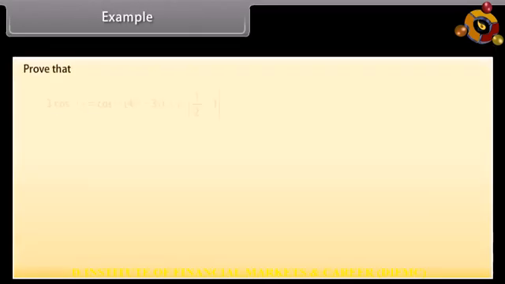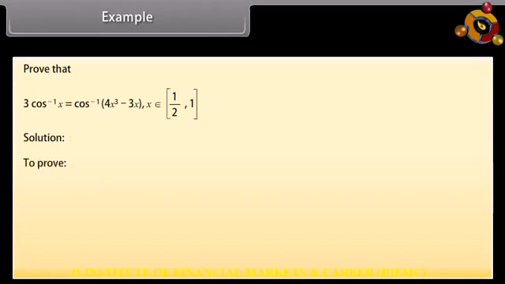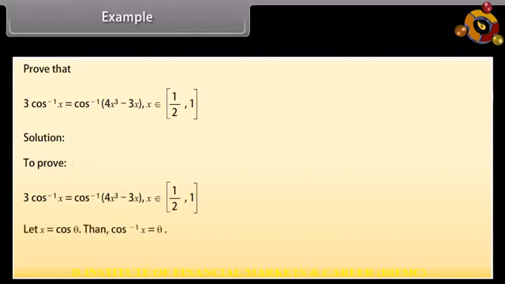Example. Prove that 3 cos inverse x is equal to cos inverse of 4x cube minus 3x, where x belongs to [1 by 2, 1]. Solution. Let x be equal to cos theta, then cos inverse x is equal to theta.